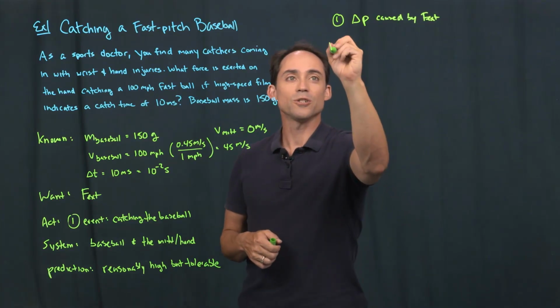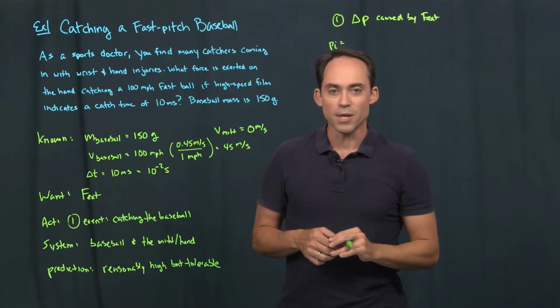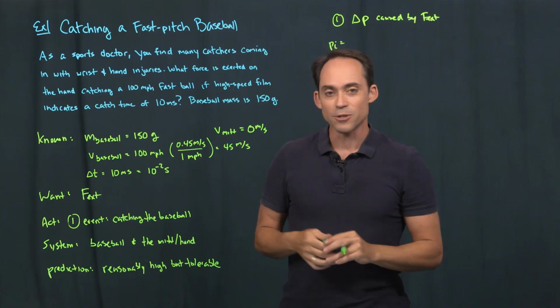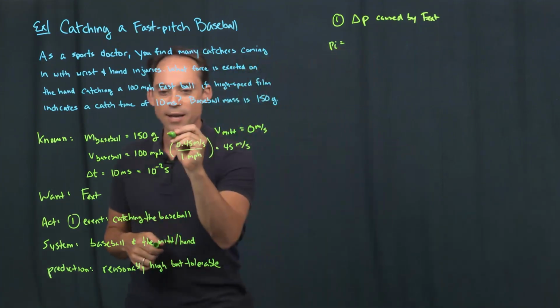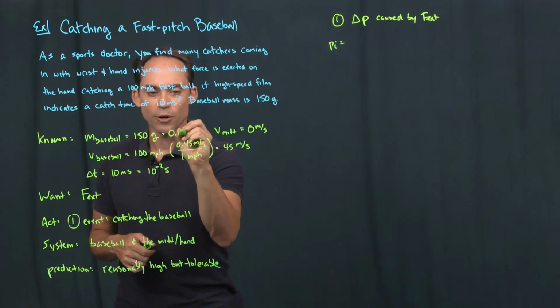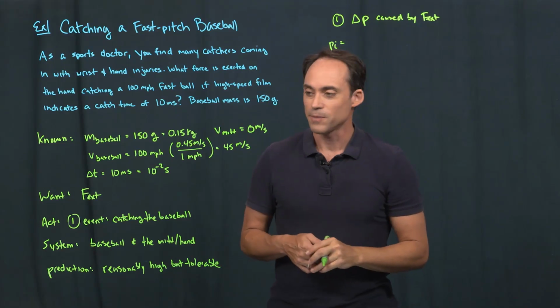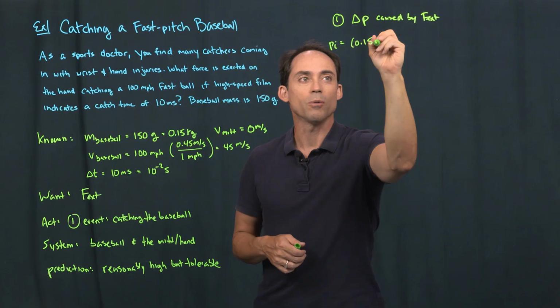So if we write down the initial momentum, it's really just going to be the mass of the baseball times the speed of the baseball. Now, I forgot to do one thing here. I wrote this baseball's mass in terms of grams, and of course that's not our SI unit of mass. So let's convert it into kilograms, so it's just 0.15 kilograms. And now we can plug that into our expression for momentum.